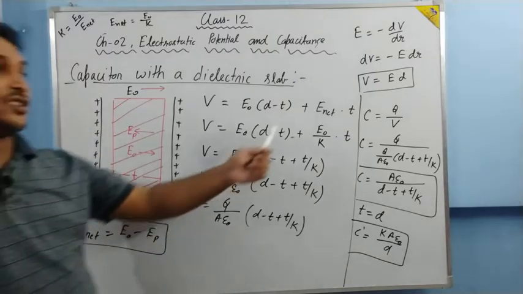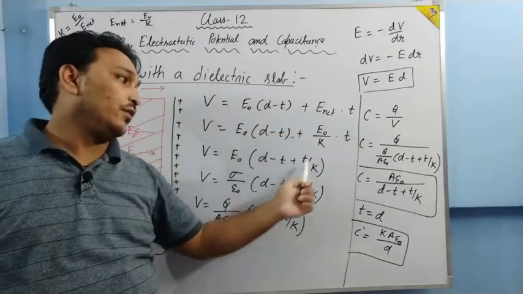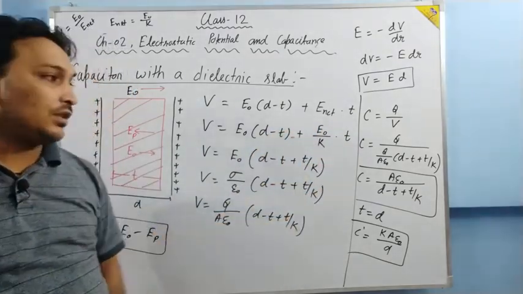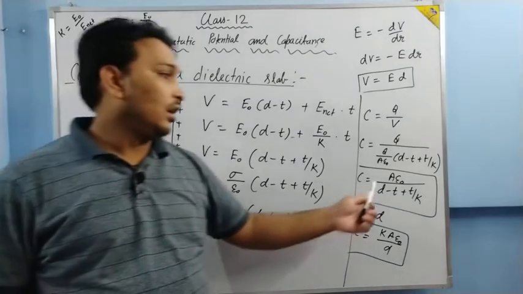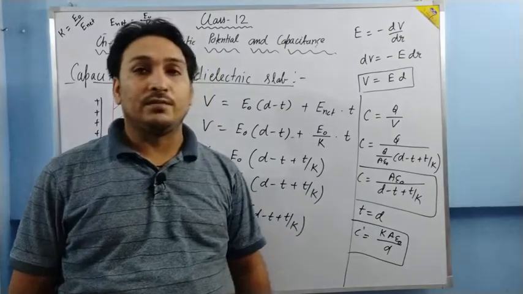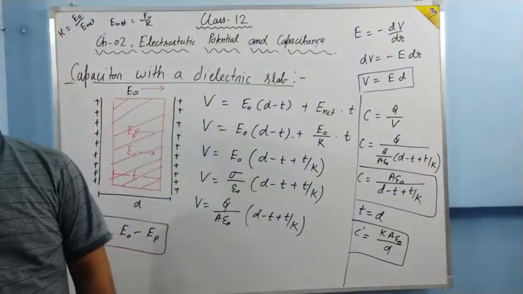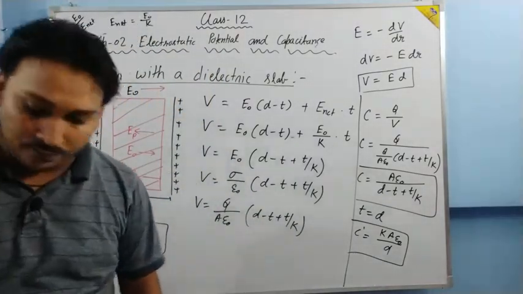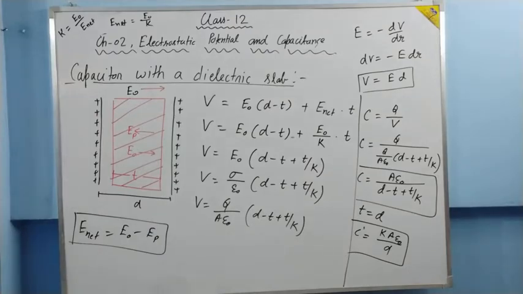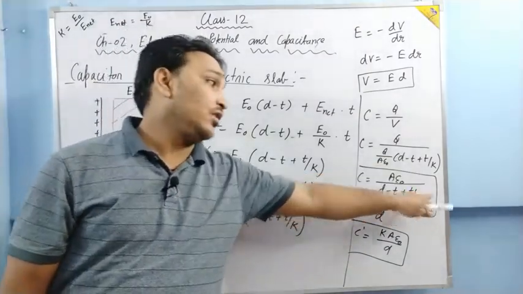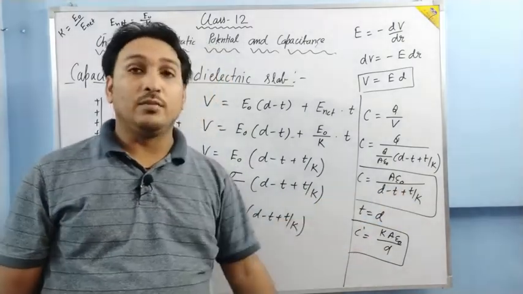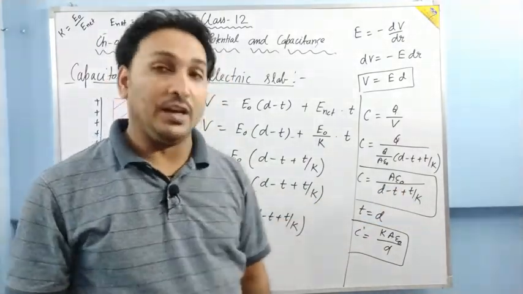So we don't need this term. So for a conducting slab, the capacitance will be A epsilon naught upon D minus T. And if this conducting slab fills the gap completely, in place of T it will be D, so D minus D will become 0, and the capacitance will be infinity.